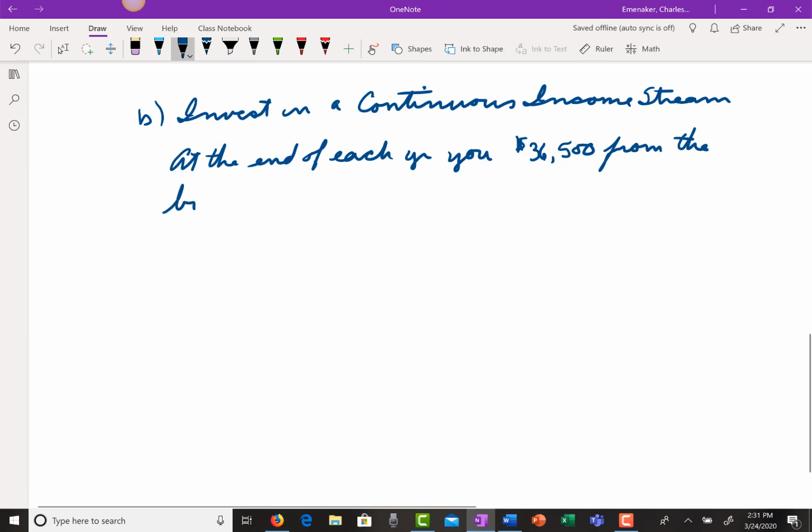So you're a part owner in some business, and you're part of the proceeds. Each year is $36,500. At the end of 4 years, how much money will you have?